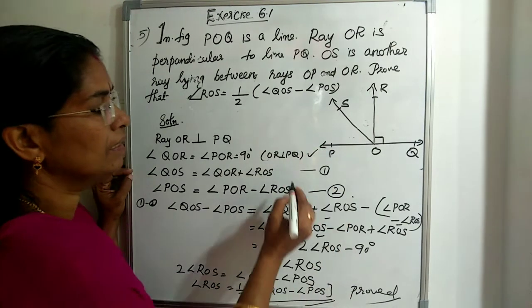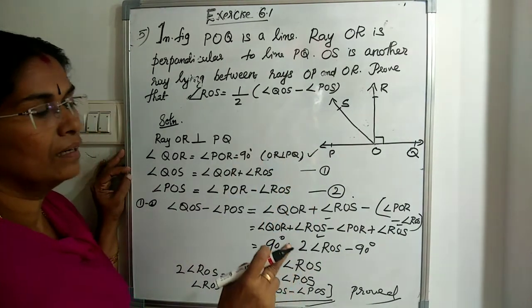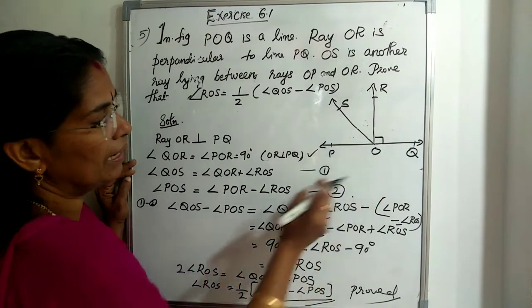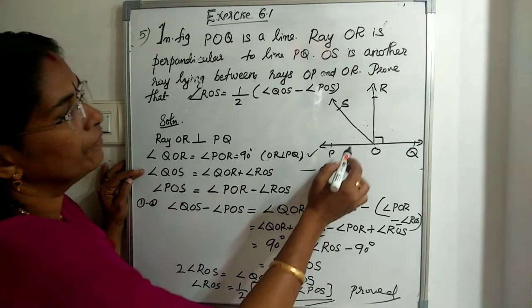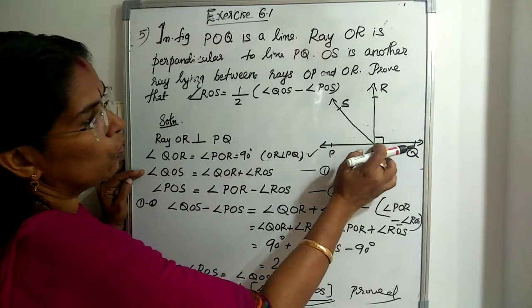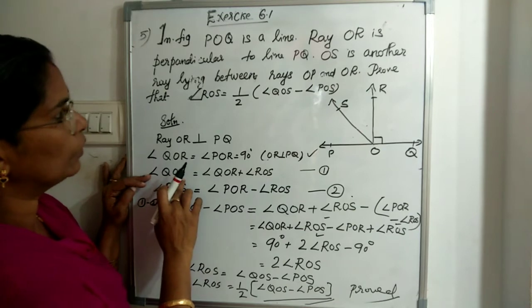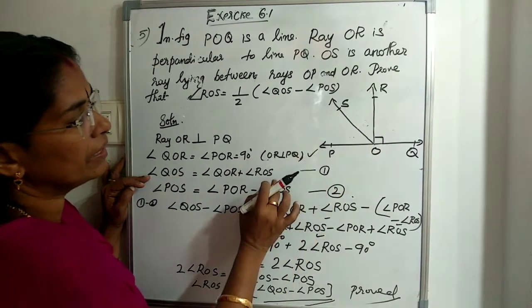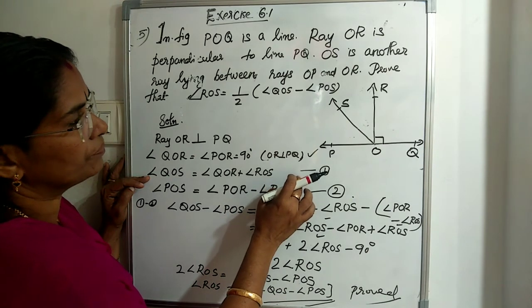I think it is very simple. If it is perpendicular, it makes a 90 degree angle with the line. Next, we have to write QOS in terms of QOR. So QOS is equal to angle QOR plus angle ROS. From the figure only you can see it is clear or not.